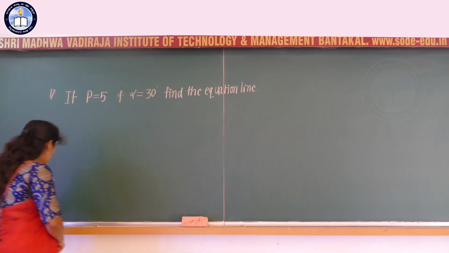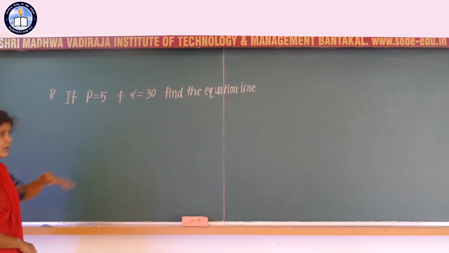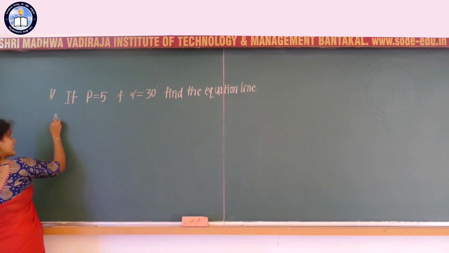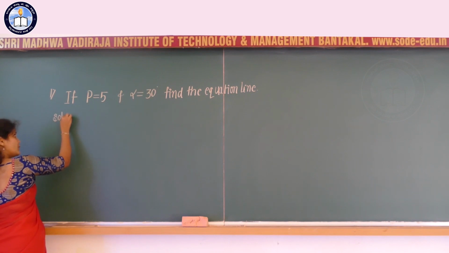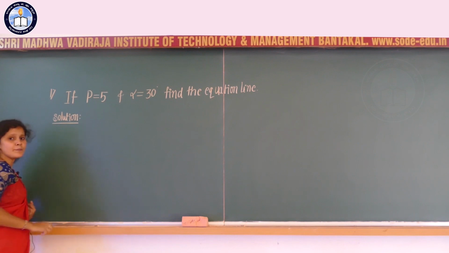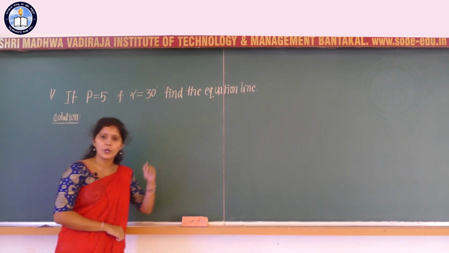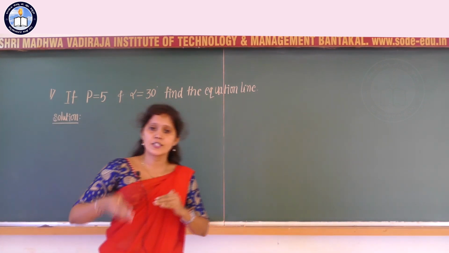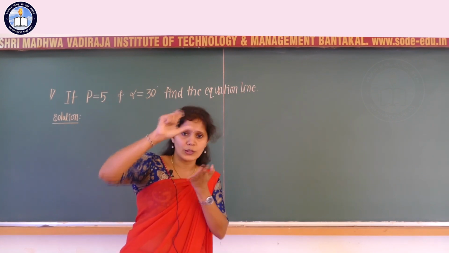So here let us consider the given data. What is the given data? The p value is given, and with respect to the normal form, what is meant by p? P is nothing but the length of the perpendicular drawn from the origin to the line, correct?